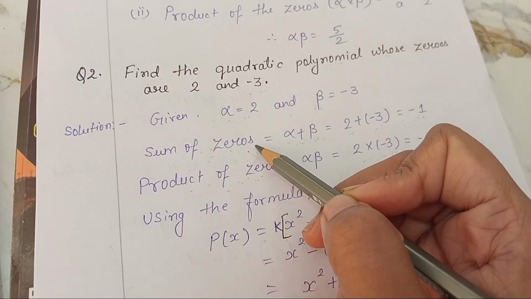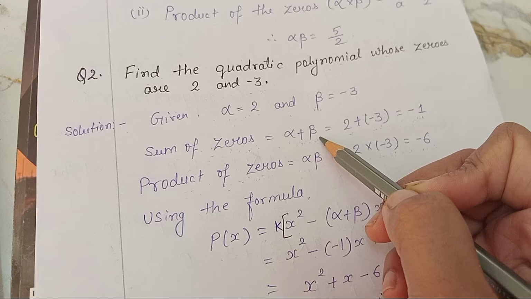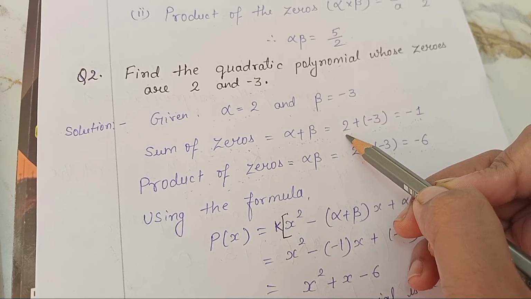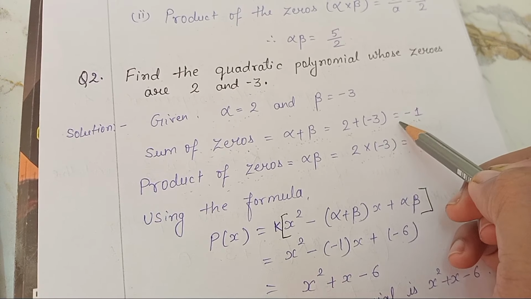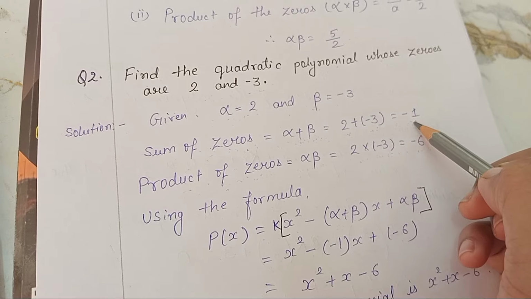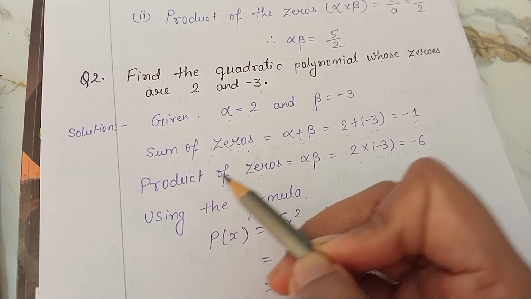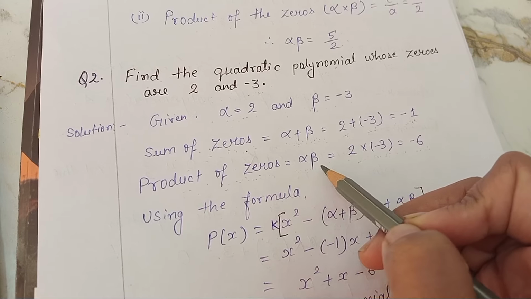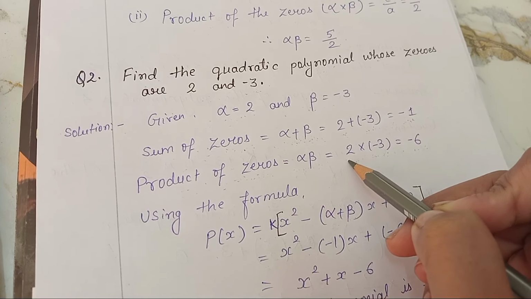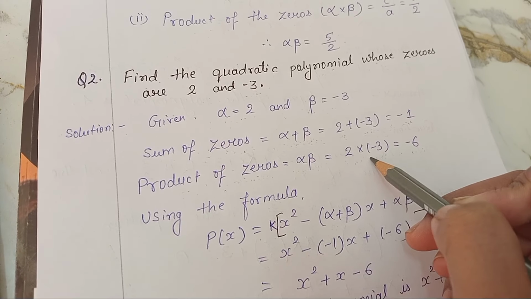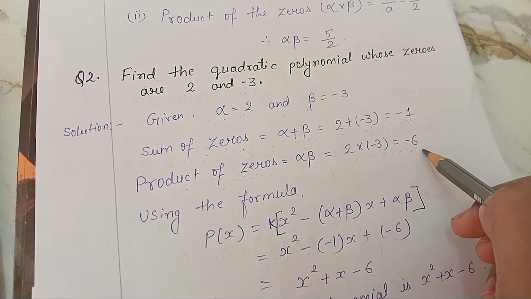Sum of zeros is equal to alpha + beta. Put the value of alpha and beta. So we get alpha + beta = -1. Second, find the product. Product of zeros is equal to alpha·beta. Put the value of alpha and beta. So it's equal to -6.